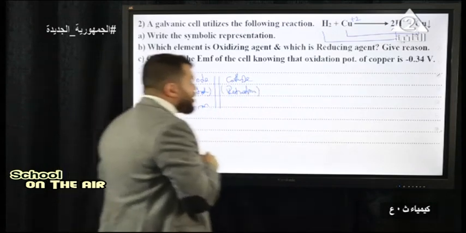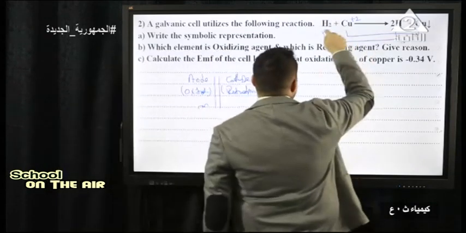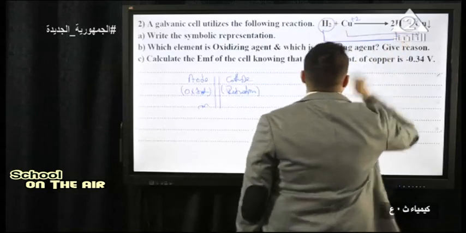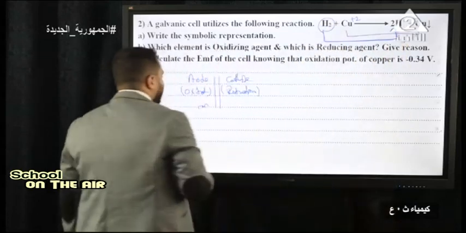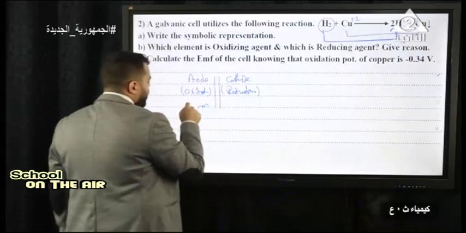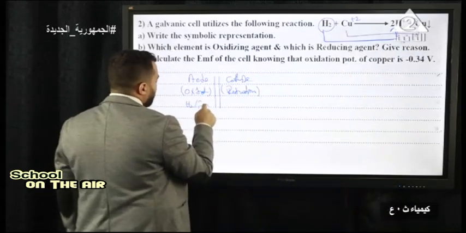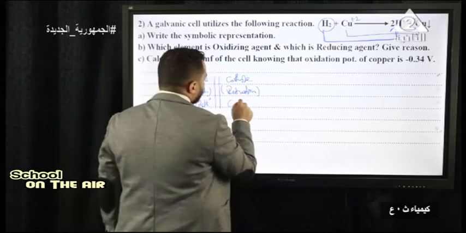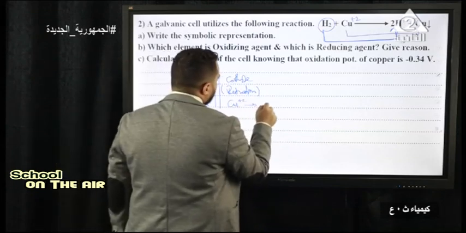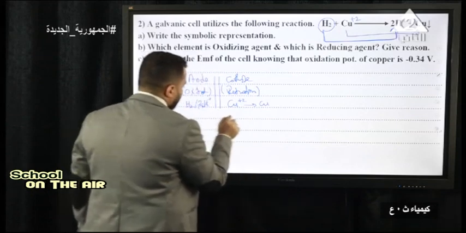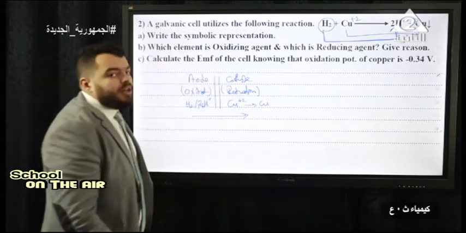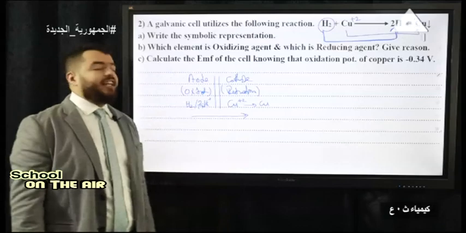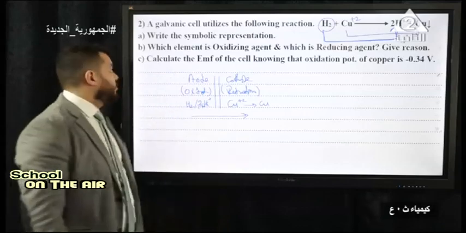Okay, which will be oxidized? It's clear that hydrogen will be oxidized because it's changed into positive ion. So hydrogen gas will be oxidized into 2H positive. And copper positive 2 ion will be reduced into copper 0. And never forget the arrow which represents the direction of the electron flow from the anode to the cathode.